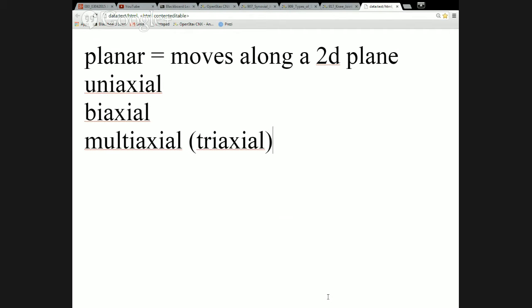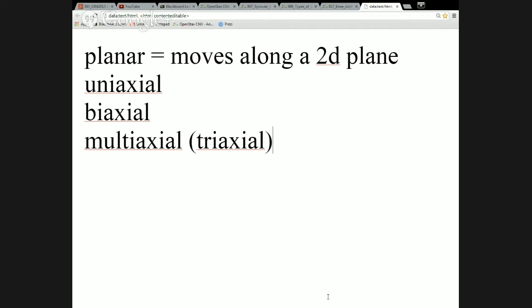Okay. Now, I have seen in recent years a few sources that will use a different word than uniaxial. You might see monoaxial, which is an abomination unto the Lord. Okay? And what I mean by that is when you're making up words for science, you're using Greek or Latin roots.